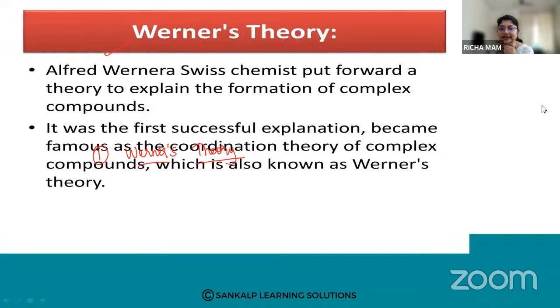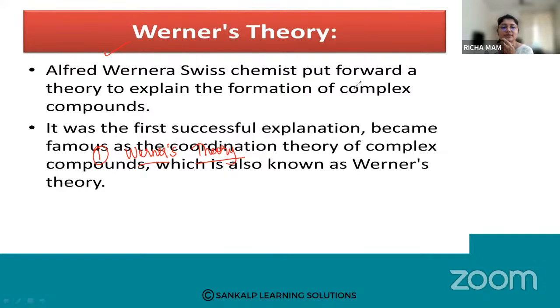There was a scientist named Alfred Werner. He was a chemist who put forth Werner's theory, which explained the formation of complex compounds.